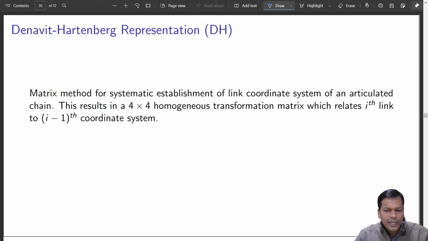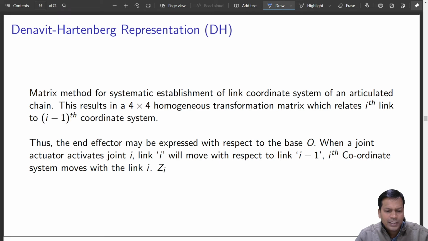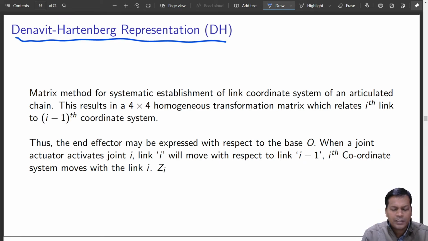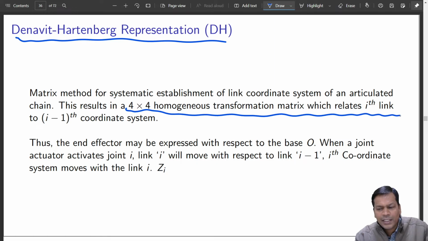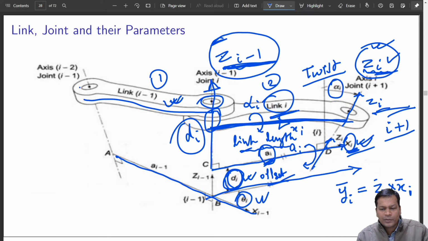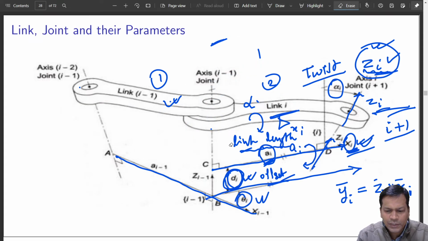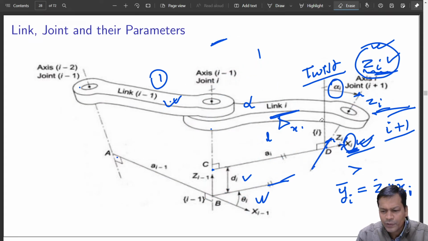Now looking at DH parameters, it will finally turn out to be a homogeneous transformation matrix that relates the ith link coordinate system to the i plus 1th link coordinate system. Let us go back to this. I have messed it up, let me wipe it off. Okay, so these are your two frames.